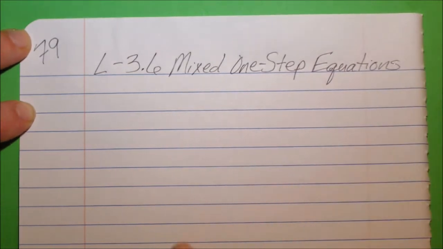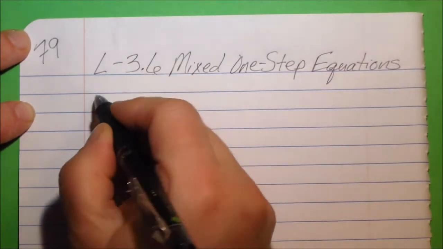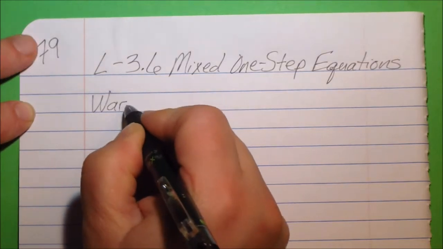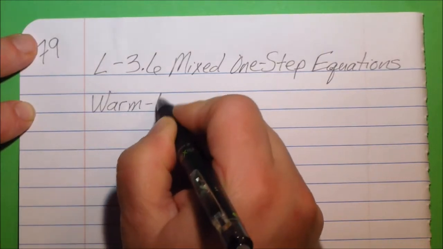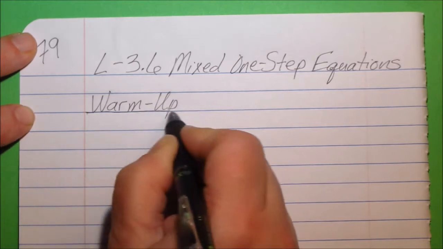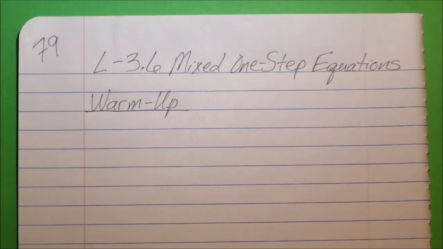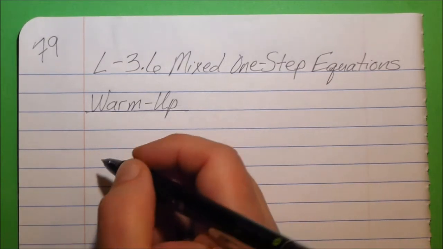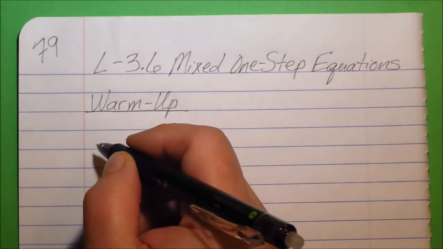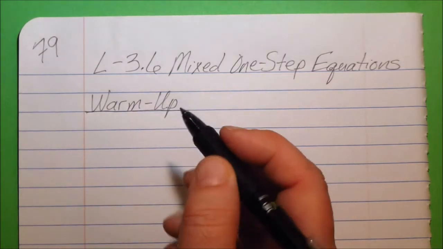Mixed one-step equations. And here's your warm-up. The warm-up takes up most of this page, but that's okay because as it turns out, the notes are very short and concise, so we'll still only use one page for notes today.